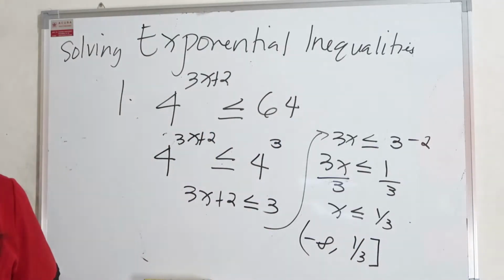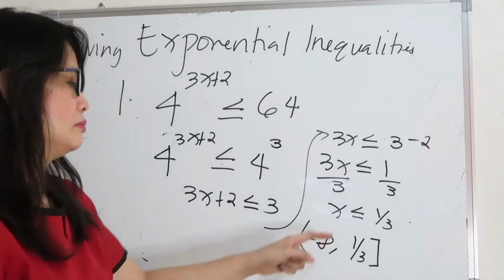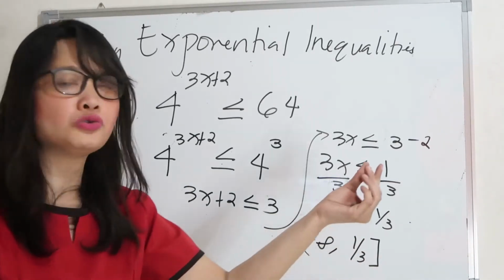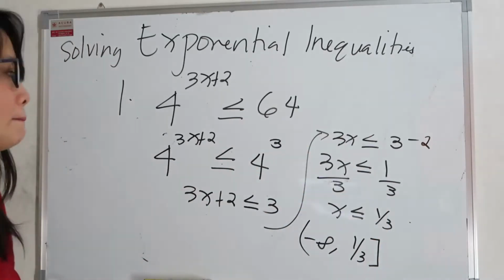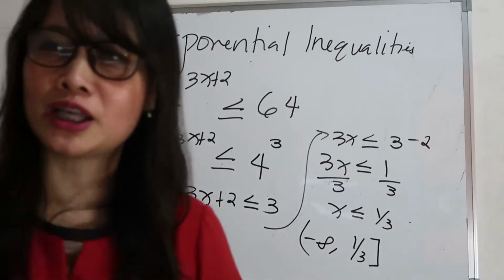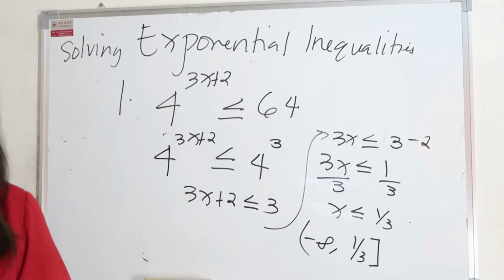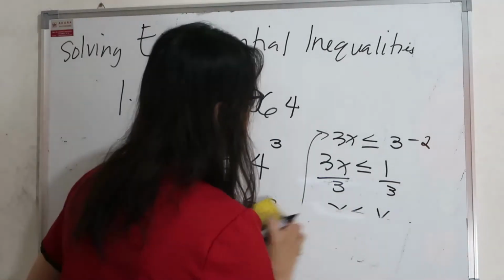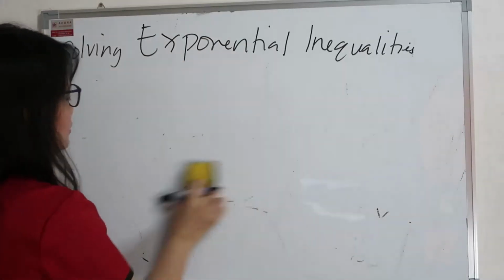Because it includes 1/3, because of the equal to. So it should be bracket. So that will be negative infinity to 1/3 bracket. Okay? So that's how we solve exponential inequality. Same thing with solving exponential equation. Let's proceed now to logarithmic inequalities.